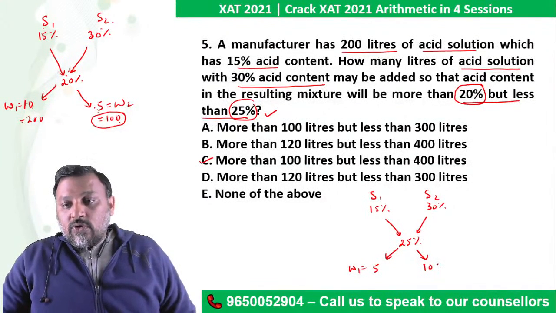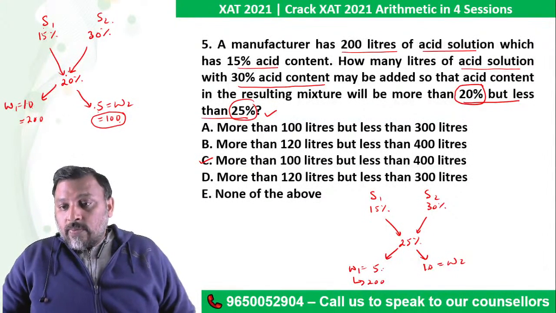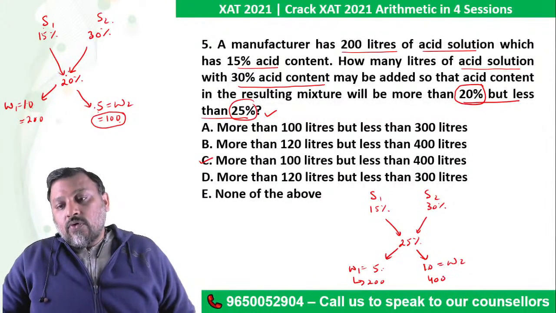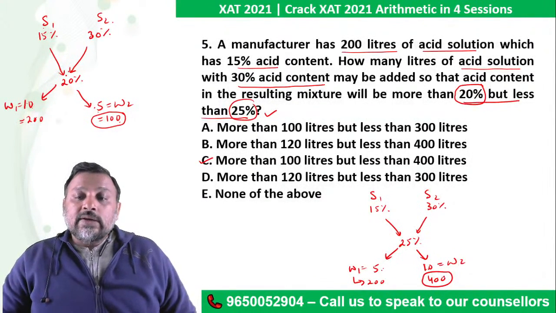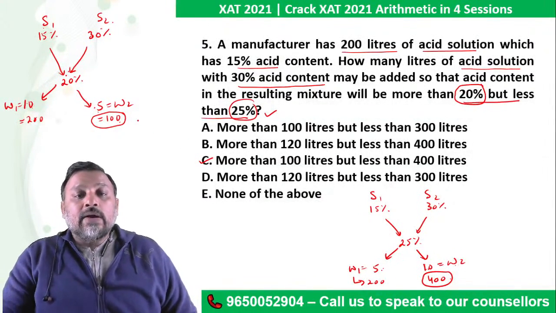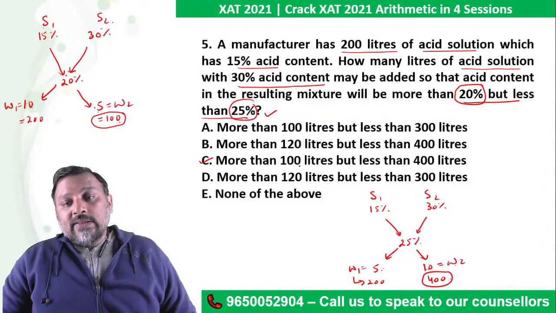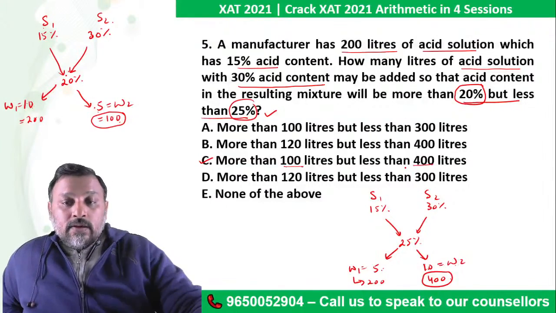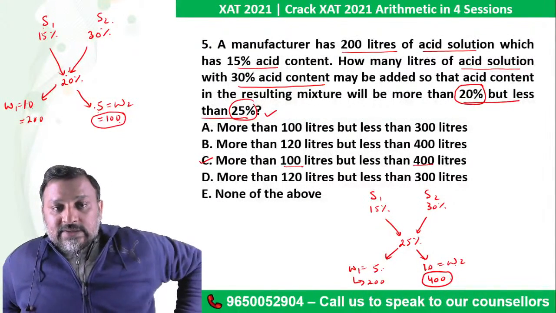So this is W1 and W2. Again, W1 is given to be 200. We know the ratio should be 1 is to 2. So W2 should be 400. So these are the two values, 400 and 100. The answer should lie in this range, more than 100 but less than 400. I hope this is clear, guys.